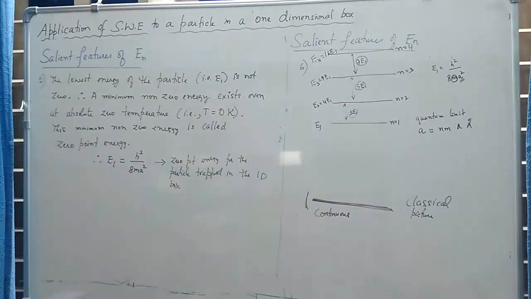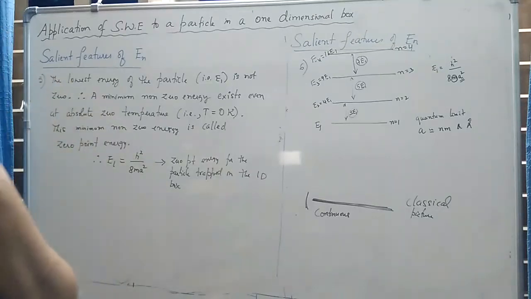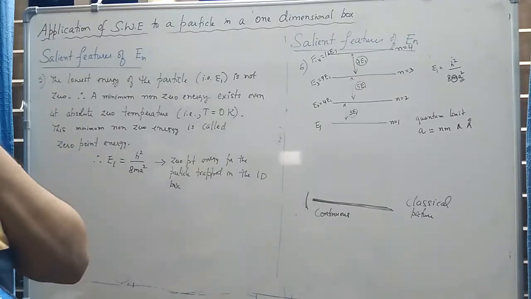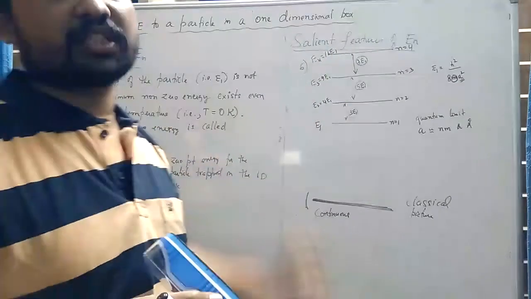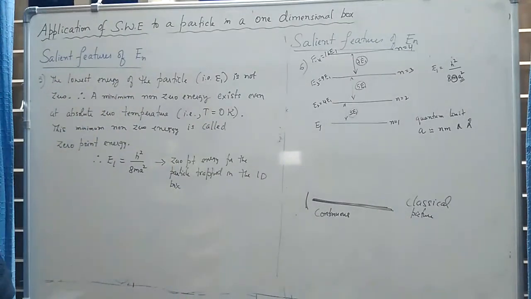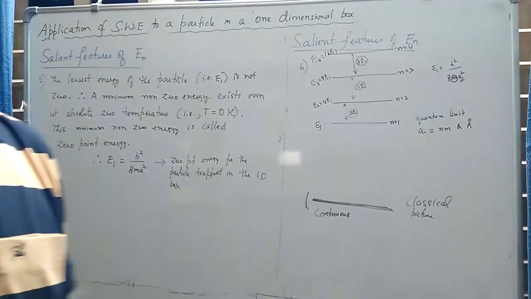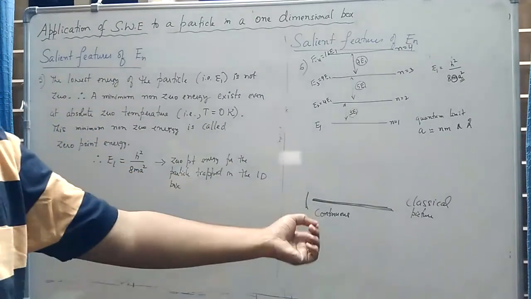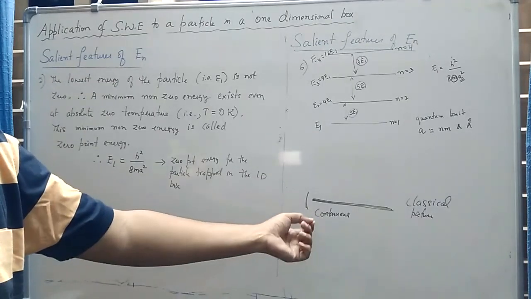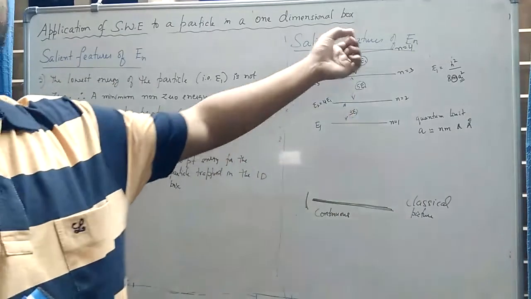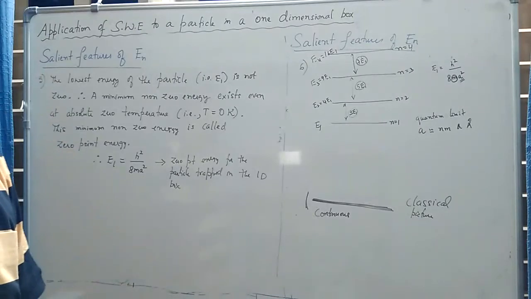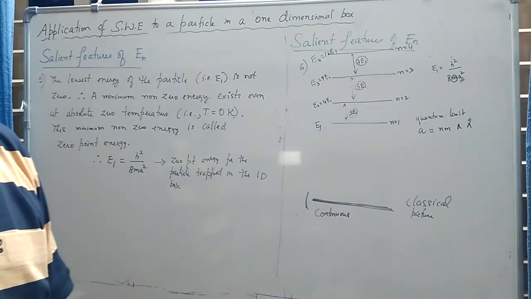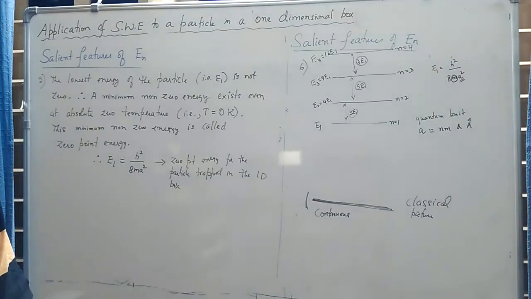So this energy which is quantized may approach the classical limit if we vary the mass of the particle and the length of the box. So under microscopic condition, quantization is important, but under macroscopic condition, the classical condition is sufficient. So classical mechanics is a special case of quantum mechanics. Quantum mechanics is applicable in both cases, but we only apply it to microscopic particles.